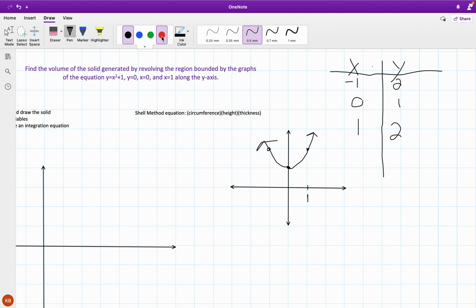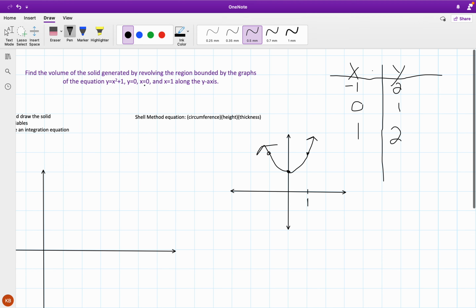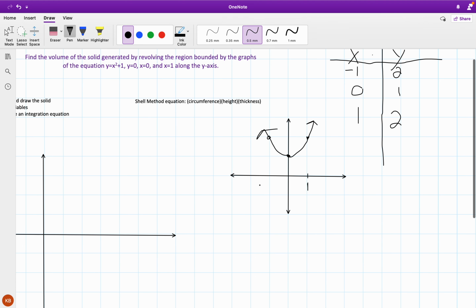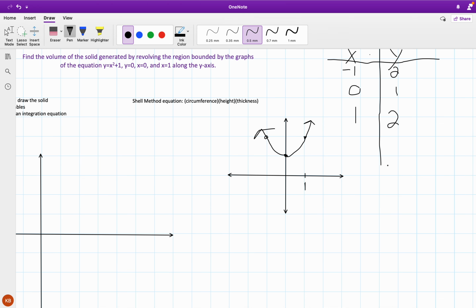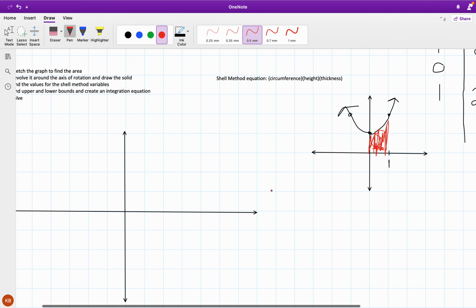Since it doesn't go past x equals 1 or x equals 0, the negative values are not going to matter, and the values above x equals 1 are not going to matter as well, which means that it's bounded by the y-axis and 1. So this would be the area that is going to be around the y-axis that's going to make this figure.